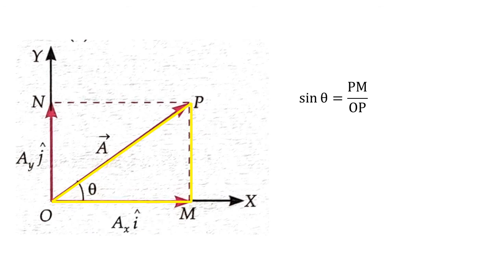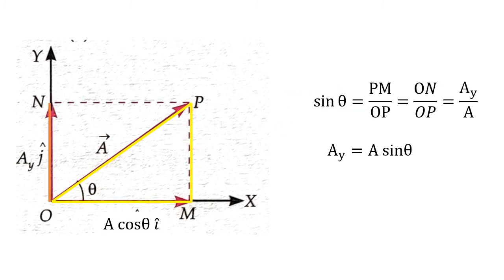Now on a similar note, sine theta equals the ratio of the opposite side PM divided by the hypotenuse OP. Note this height PM is equal to your height ON. So instead of PM I can write ON, so ON by OP.